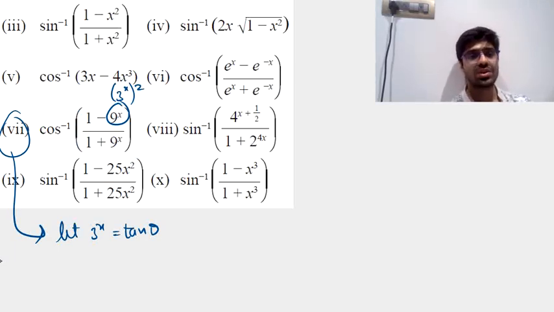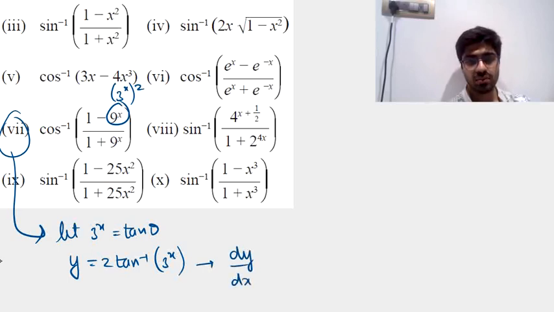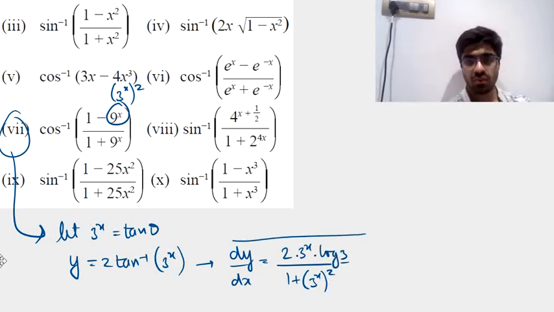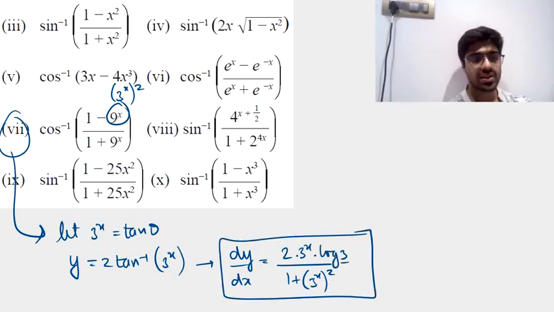Cos inverse of cos 2 theta makes it 2 theta, so y will be equal to 2 theta, and theta will be tan inverse of 3 power x, so 2 theta being 2 tan inverse 3 power x. So dy by dx, that will be 2 upon 1 plus 3 power x the whole square, into the derivative of 3 power x, which is 3 power x into log 3. And yeah, that's dy by dx.